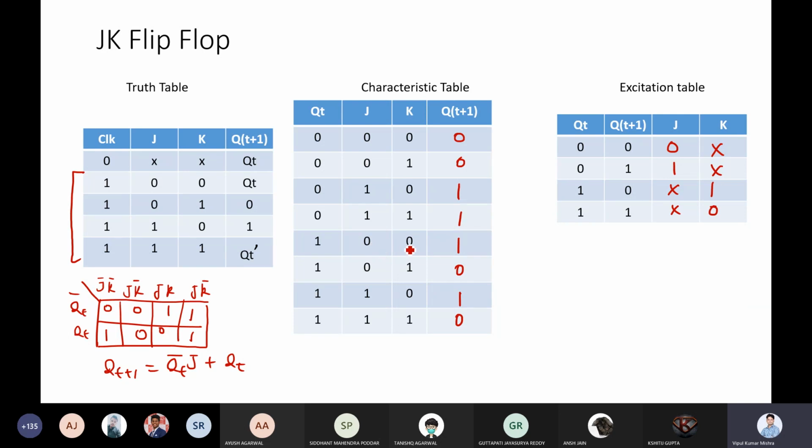When JK is 0, 0, you have to check the Qt value, which is 1, so you got 1 here. Then 0, 1, 0, 1, 0, 1 and 1, 1 is the reverse of this, so you got 0. If you compare with the SR table, only these two positions, instead of X, you got 1 here and 0 here. The rest are all the same value.